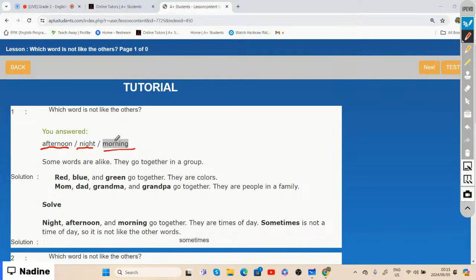These are also words that go together because these are times of the day. So it's either in the afternoon, at night, or in the morning, right? But it is specifically making mention of a time of the day, right? So that is related words.